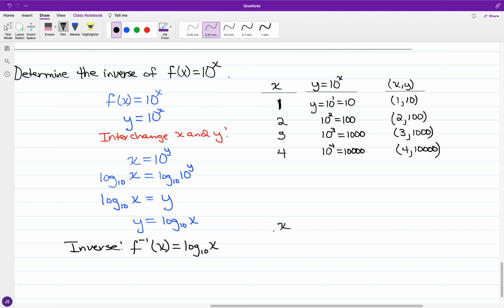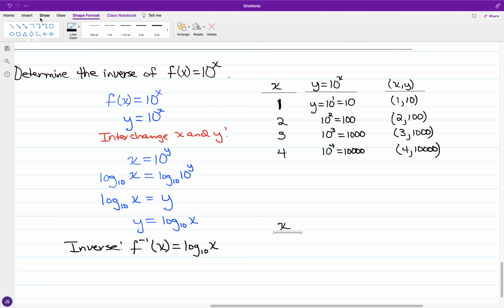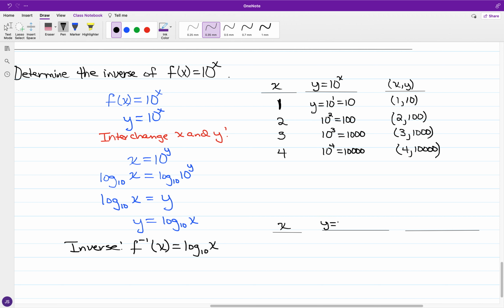Now for what we have on the other hand, with the values of x, for y you have a base 10 logarithm of x.